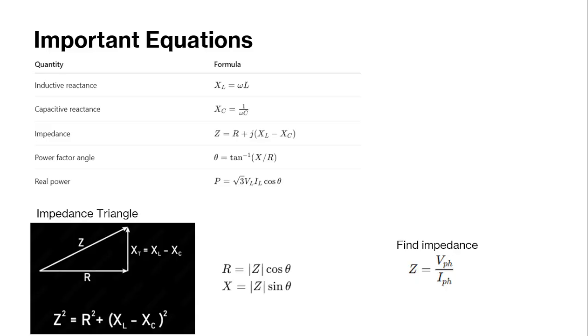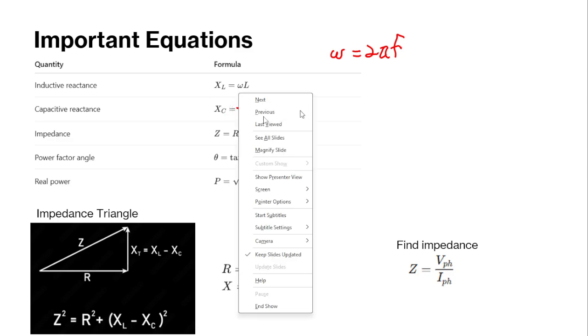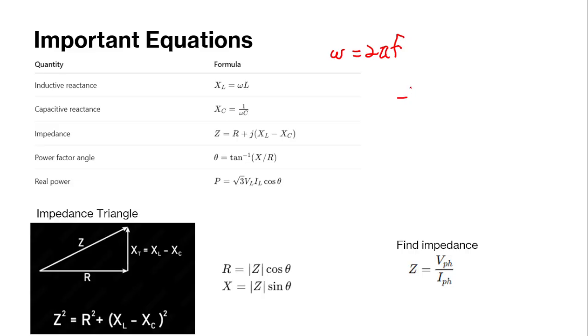And then there are some important equations that you will probably come across while you're doing it. We know the inductive reactance is omega L, remember omega is 2 pi F. You have the capacitive reactance, just know it has a negative here, because it's minus j on omega C. You have your impedance.